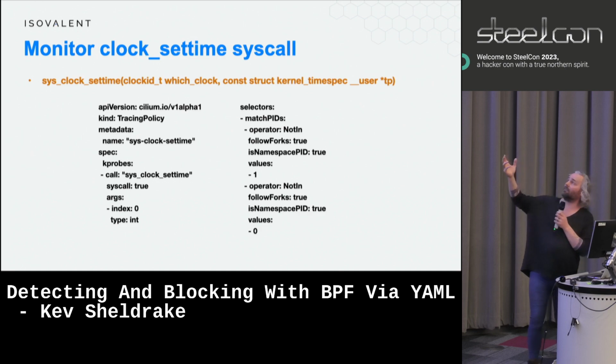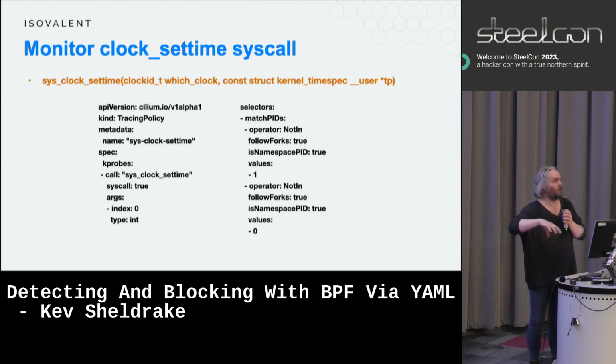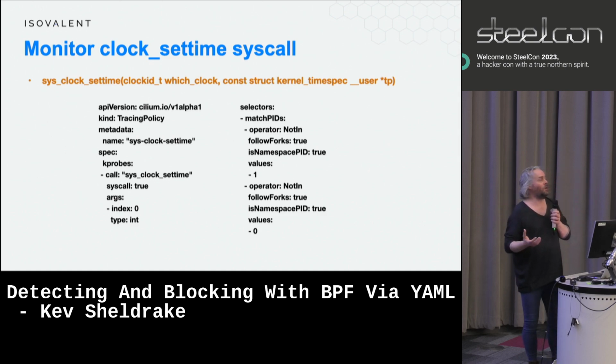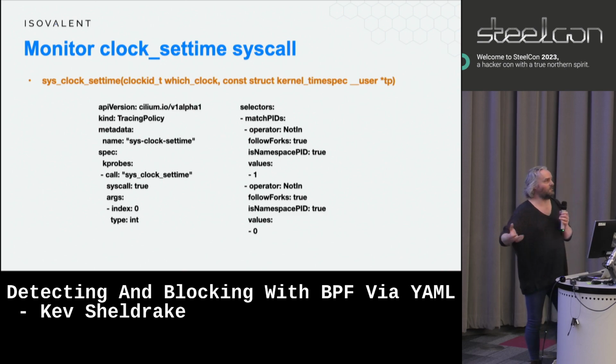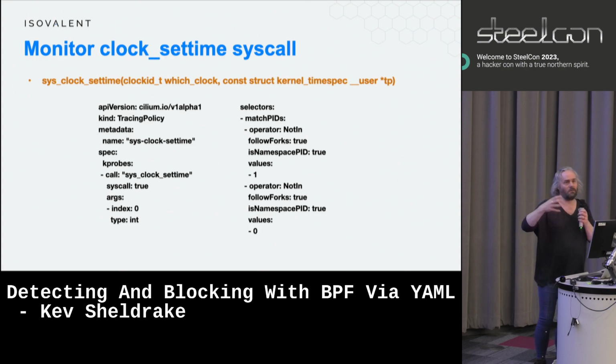Well, we care that it's not PID 0 or 1. And we also care in a namespace environment that it's not 0 or 1. So I don't know how familiar you all are with namespacing, but if you have containers, every container has its own namespace, usually its own process namespace. There's process namespaces, network namespaces, mount namespaces, etc. Usually your container will have its own namespace for each of those components.